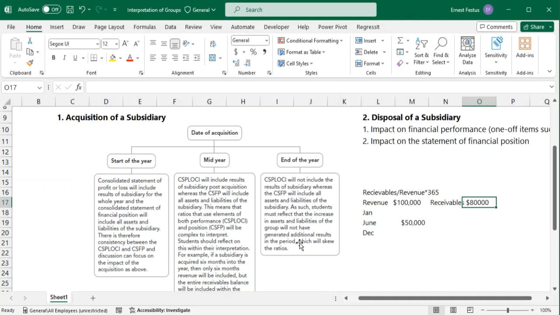So in consolidation, we consolidate the income or the revenue and expenses from the date of acquisition. Since the acquisition happened at the end of the year, that is our reporting date, we are not going to include it because that is actually the end of the financial year.